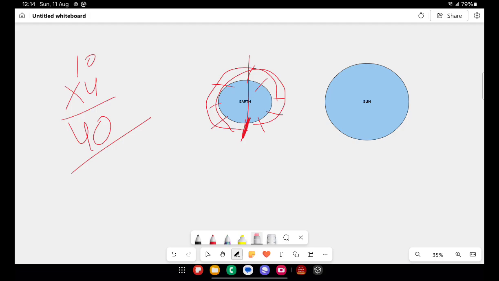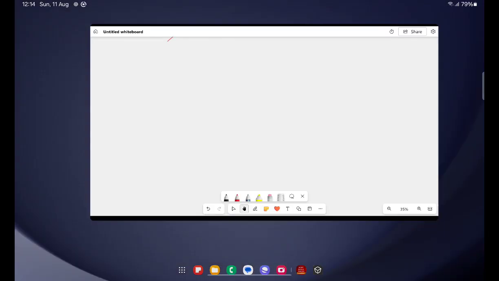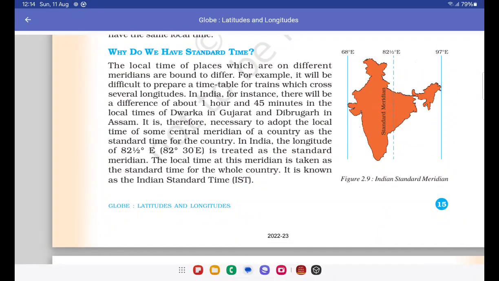It's not erasing. See, it's not erasing. Well, whatever, but I was trying to say that this is your Earth. What the heck? Forget it. Goodbye to Microsoft Whiteboard.